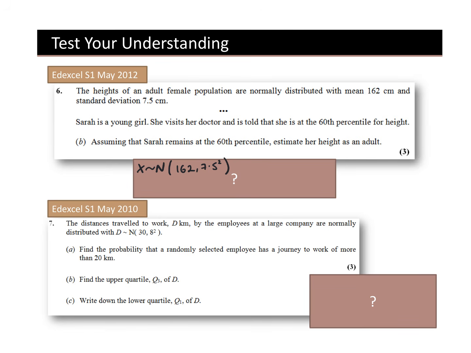Okay? It then says, Sarah is a young girl. She visits her doctor and is told that she is at 60th percentile for height. Assuming that Sarah remains at the 60th percentile, estimate her height as an adult. So, for the 60th percentile, what does that mean?